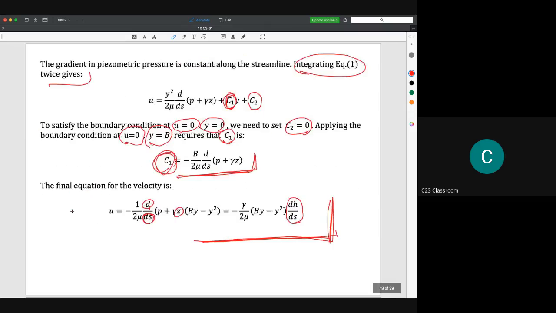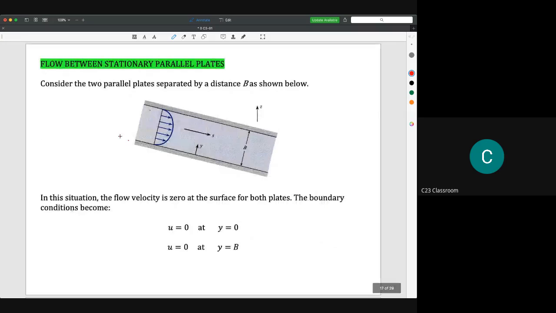So this is the inclined terms. And then for this situation, we found that the flow rate, Q, will be constant. So this is the rule of thumb of fluid.